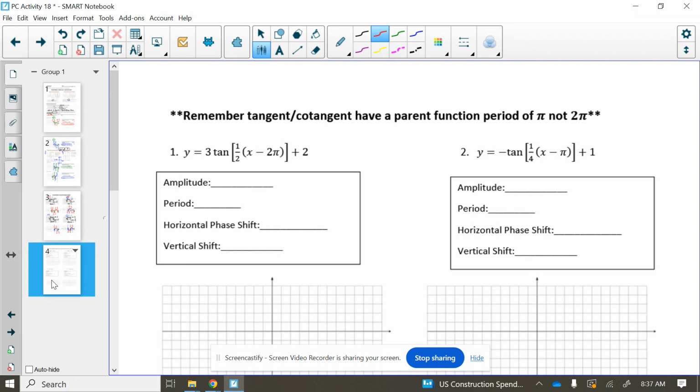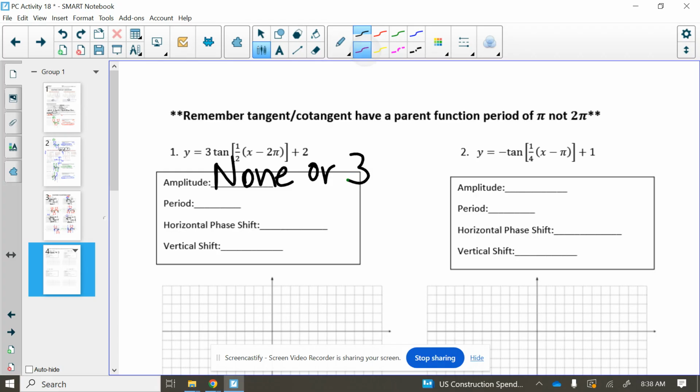Now, our graphs of our tangents and cotangents are just reflections off of our period functions. And again, reminder here that these have a period of pi, not 2 pi for the originals. So again, amplitude, you're going to see, depending on the book, officially none or 3, depending on if they consider that vertical stretch part of the amplitude.